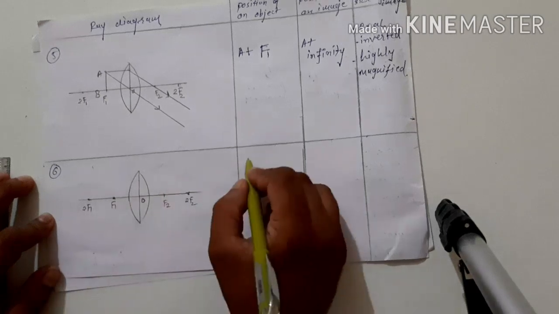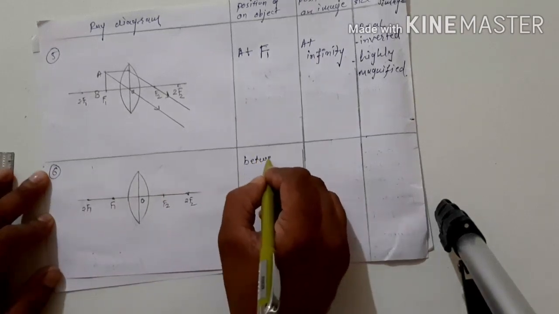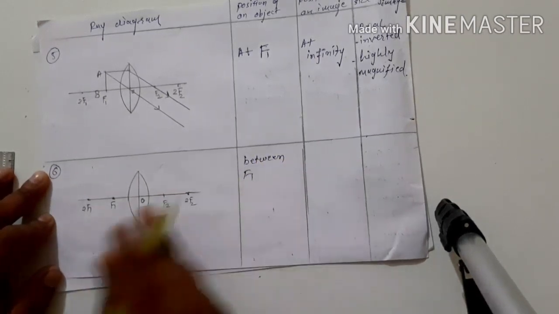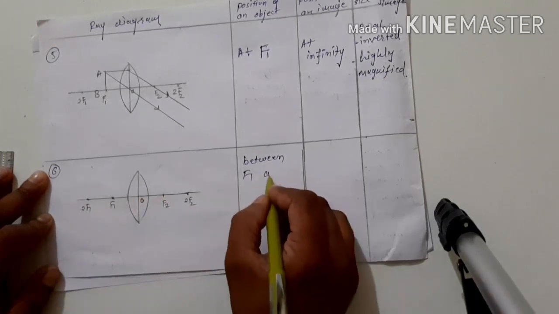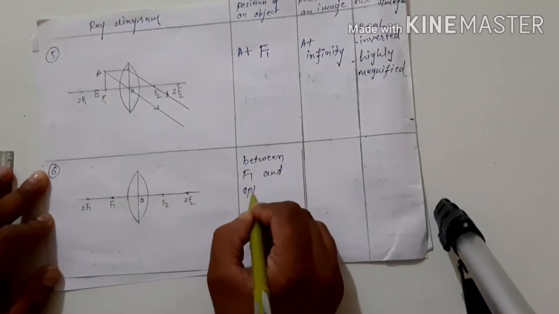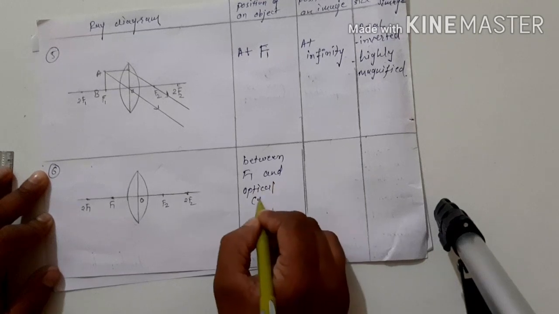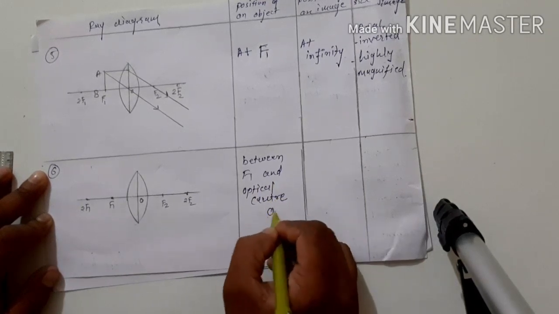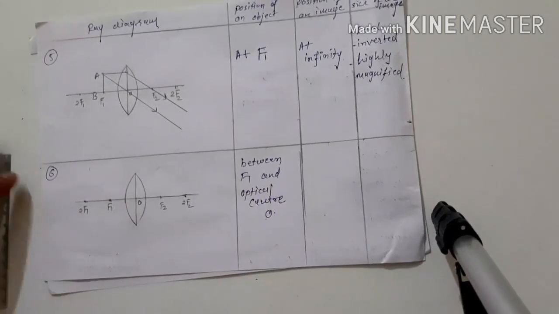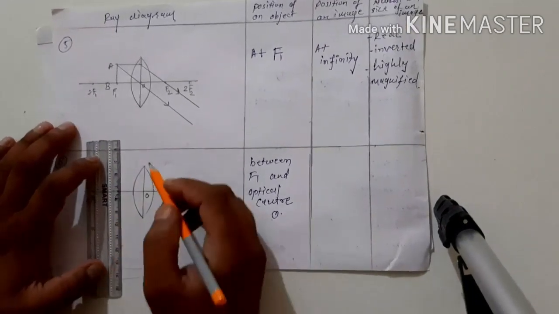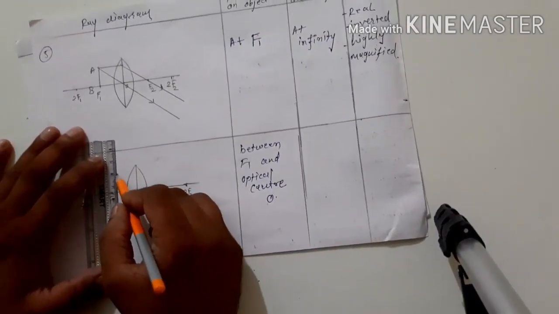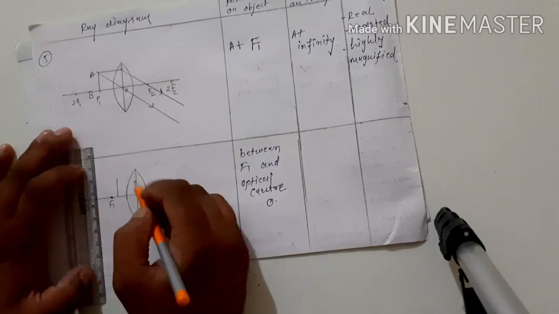Here you can see that the object is placed between F1, our first focus, and the optical center O. Let's draw it. The object AB is placed between optical center O and F1.